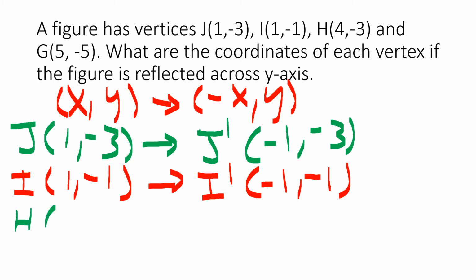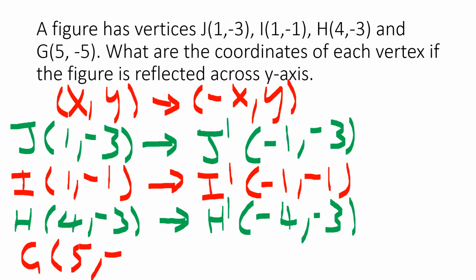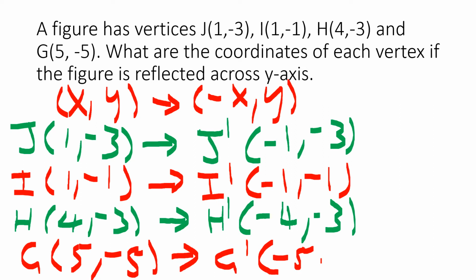H is (4, -3), H prime is (-4, -3). G is (5, -5), G prime is (-5, -5).